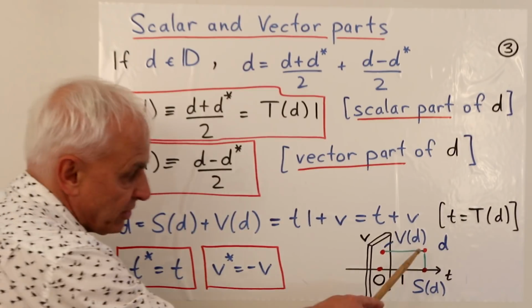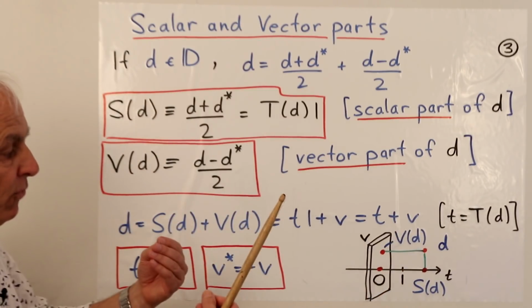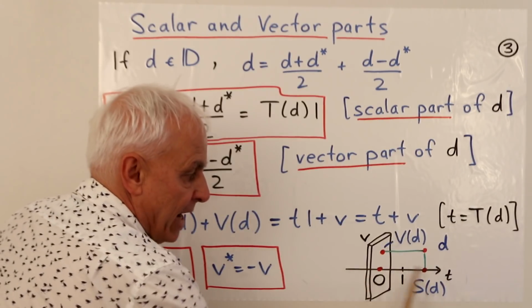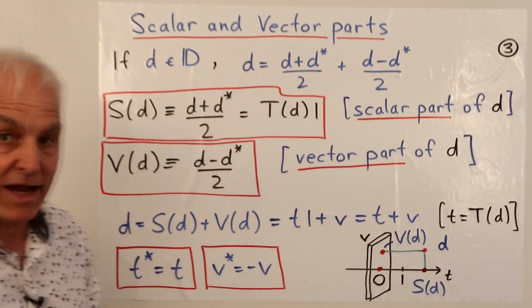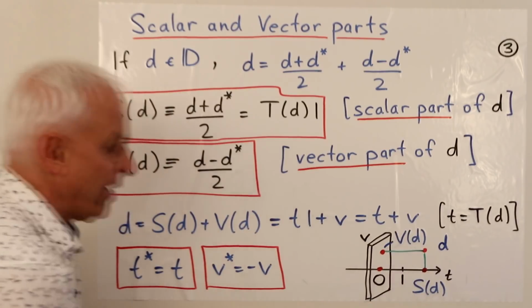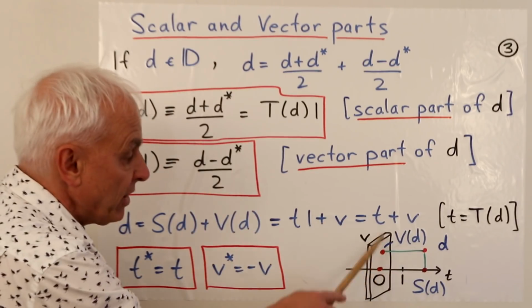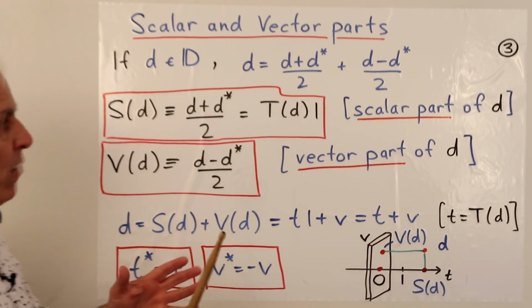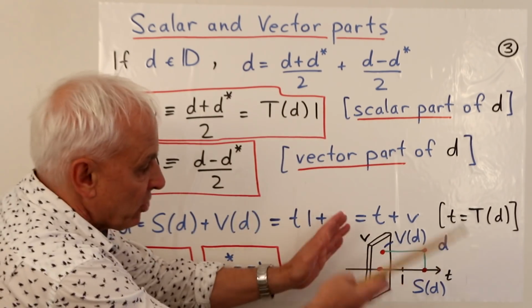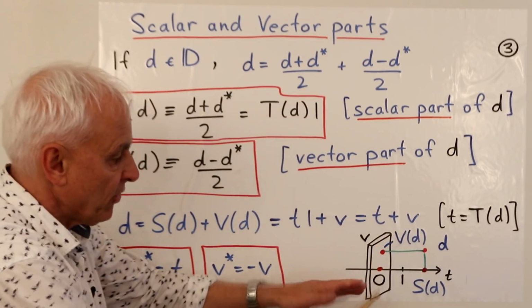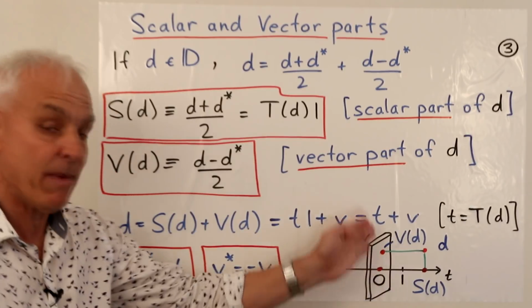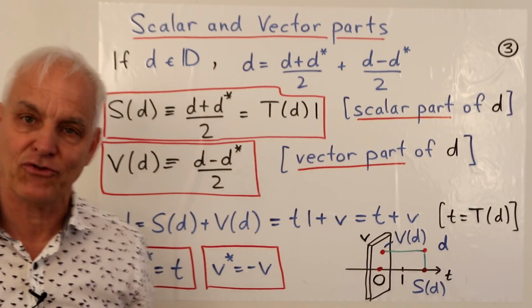So if you have a general dihedron D, it will decompose into a component in this scalar direction, a multiple of the identity, say S of D times the identity, and there will also be a component in this vector part. So this is an algebraic way of seeing this geometrical decomposition in terms of these subspaces: a one-dimensional subspace in this direction and this three-dimensional subspace in this transverse direction.